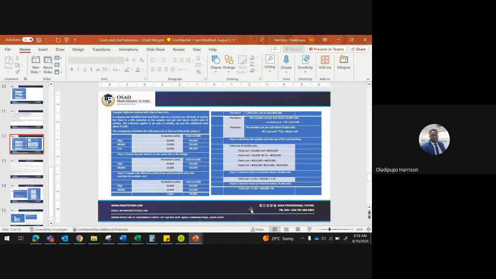Right. So the next step will be to understand that 500 units will cost an extra 36,000 naira. So how much is it going to be per unit?